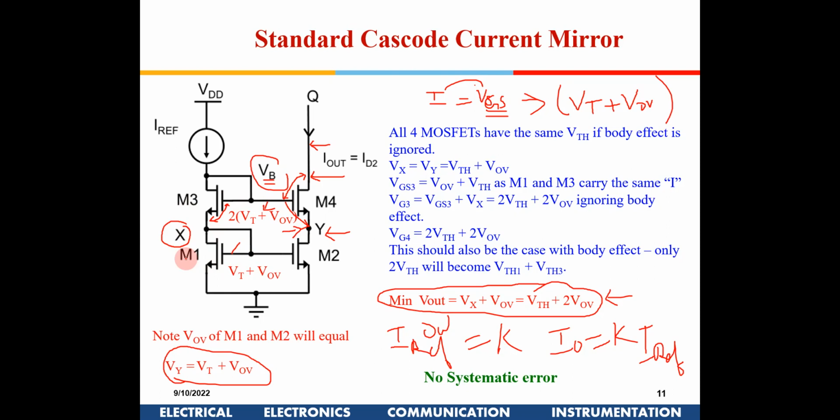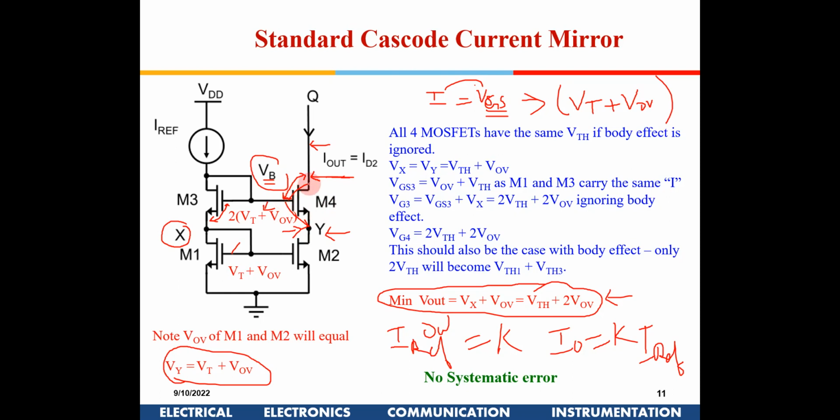Sir, VD for M4 will be 2 VT plus VOV, no? No, now we are talking about M4, sir, the minimum voltage required for M4 to remain in saturation. For the edge of saturation, the gate to source voltage has to come to VT. That is the minimum voltage.